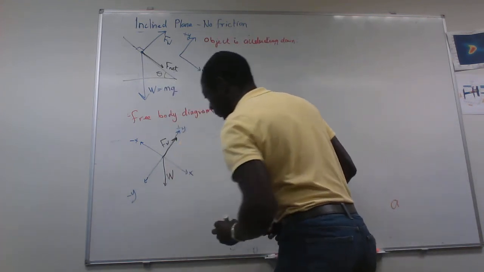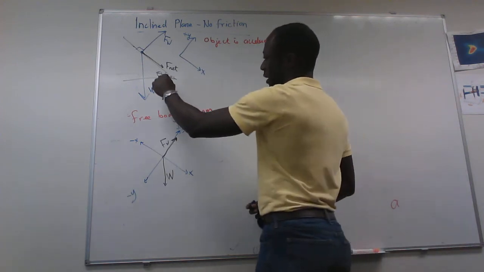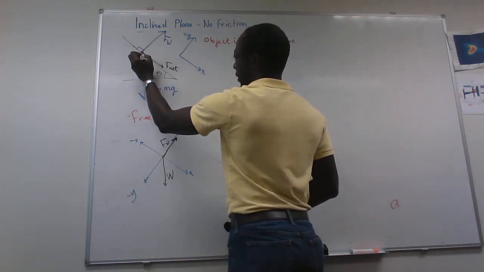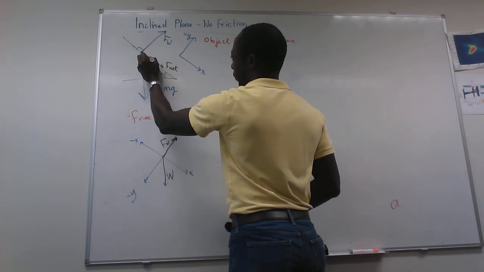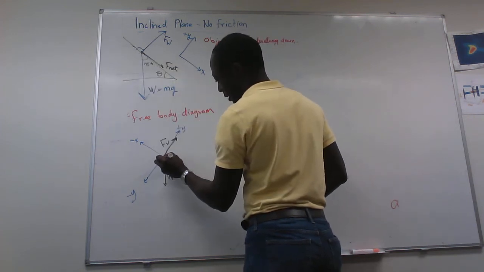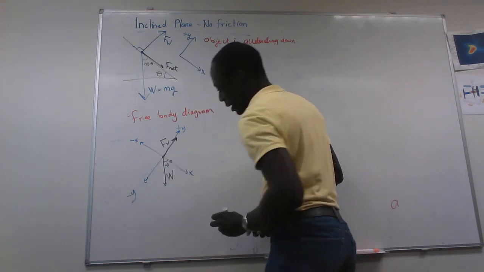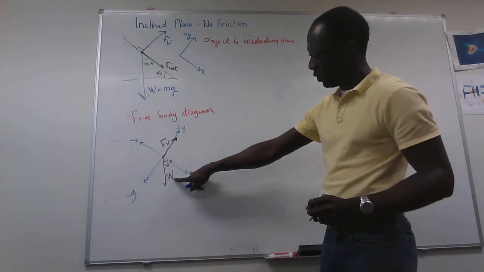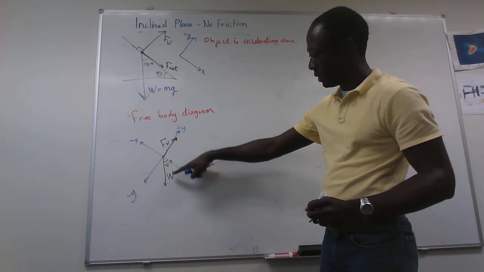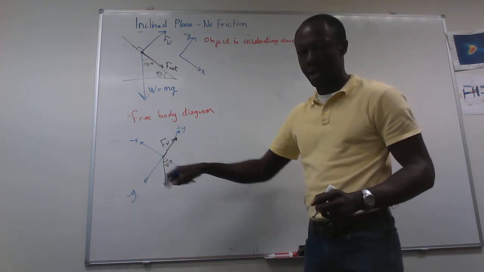So that's W. And so if this angle is theta, we expect this angle here to be 90 minus theta. And so this W, the weight here, will have components acting along the x-axis and the y-axis.